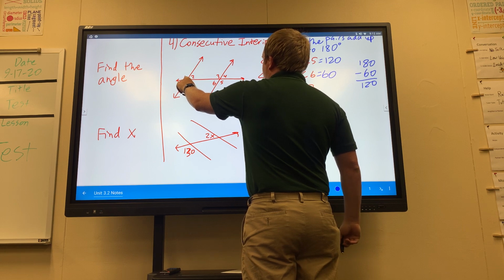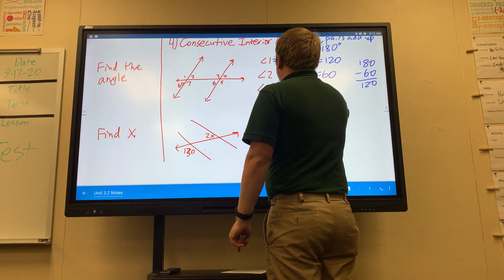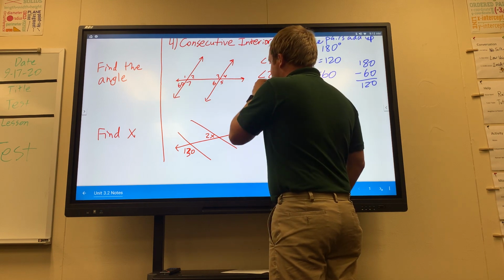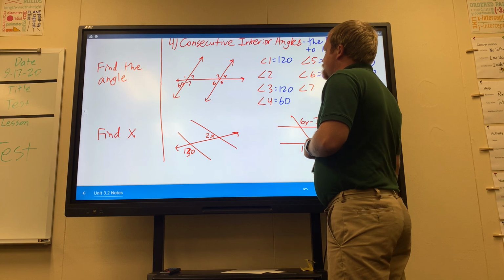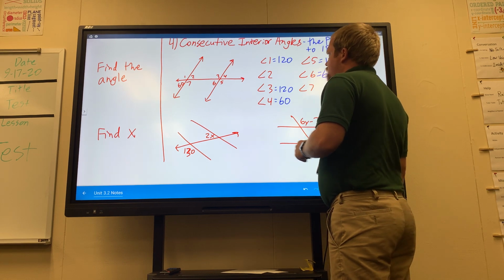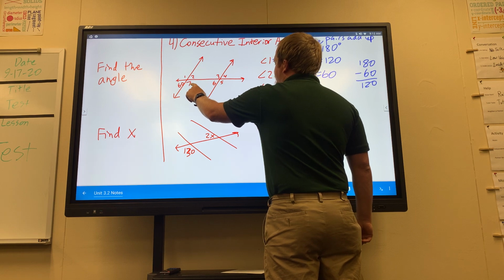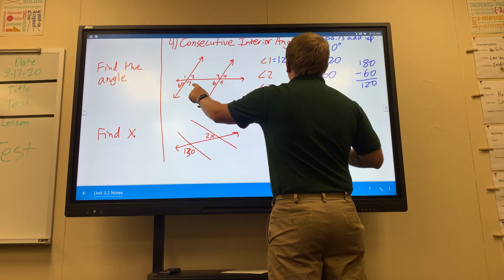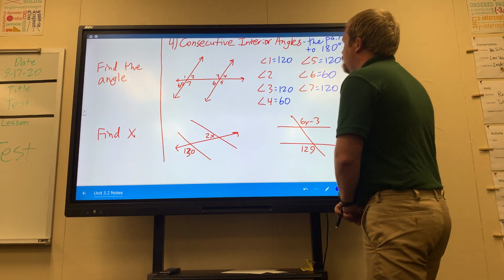Just like how angle 1 is corresponding to angle 3. And that's 120 degrees. Now, angle 3 is alternate interior angles to angle 7. So that's 120 degrees right there.